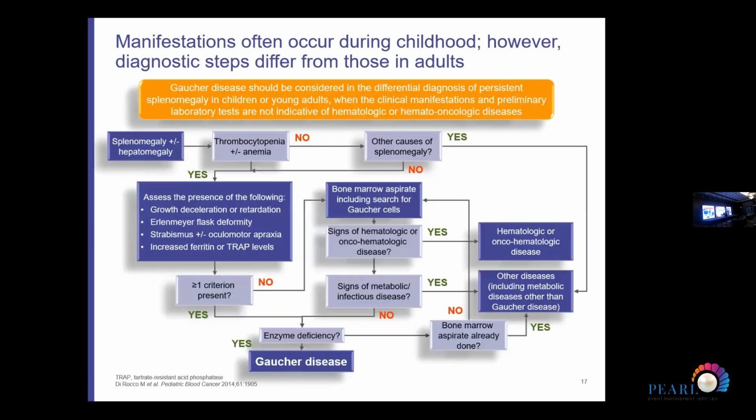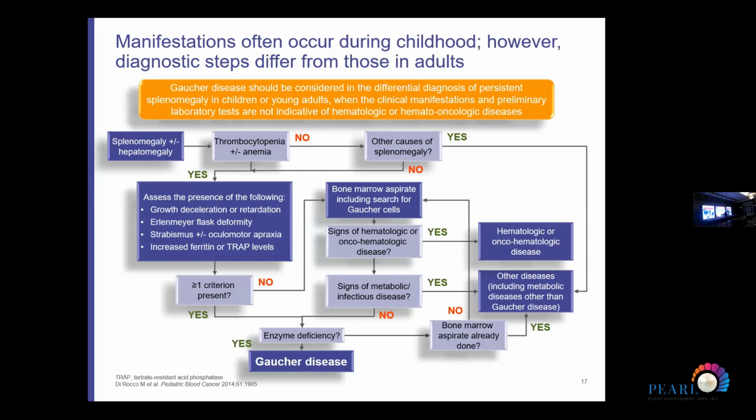So manifestations occur usually during childhood. However, the diagnostic steps are quite different from those in adults. In any child who presents with splenomegaly, even without the presence of hepatomegaly, but in the presence of both, of course, you need to look for thrombocytopenia and anemia.